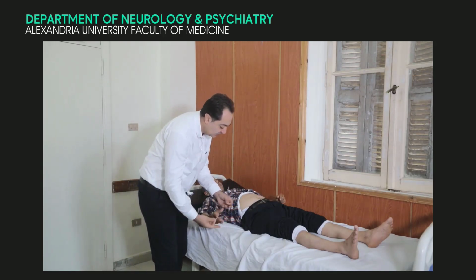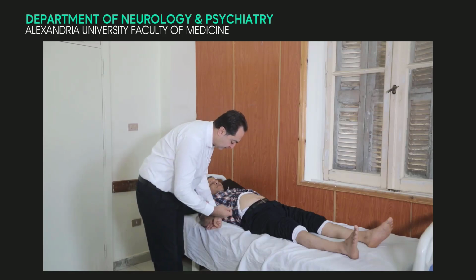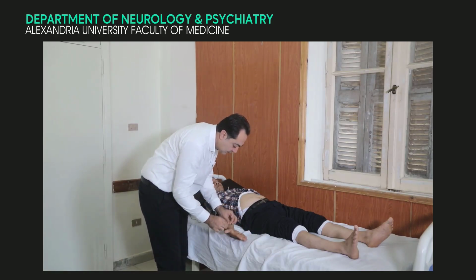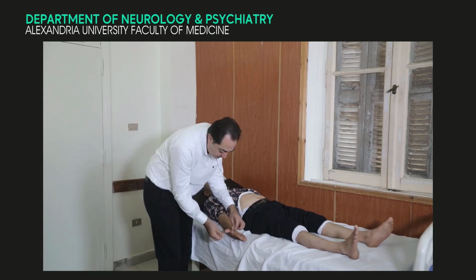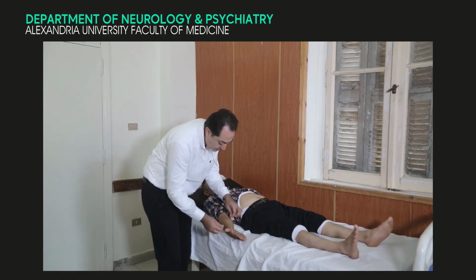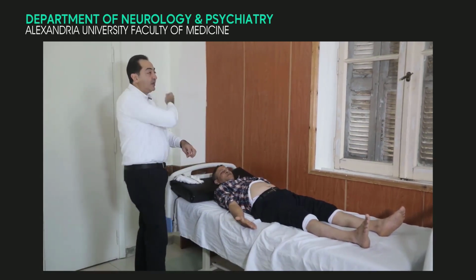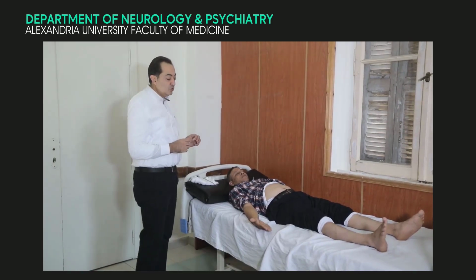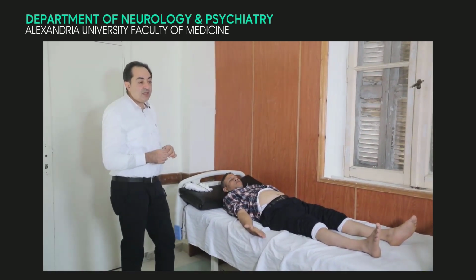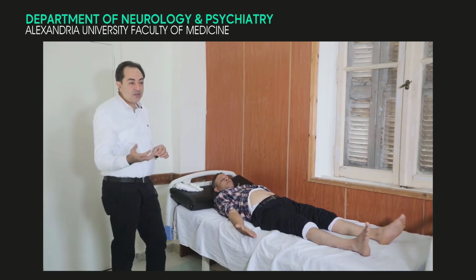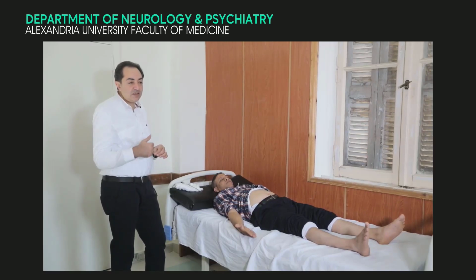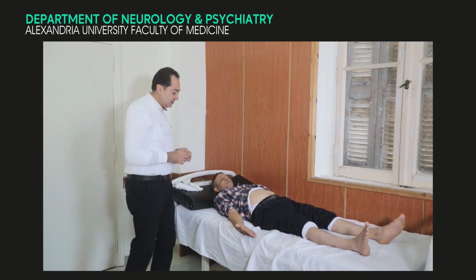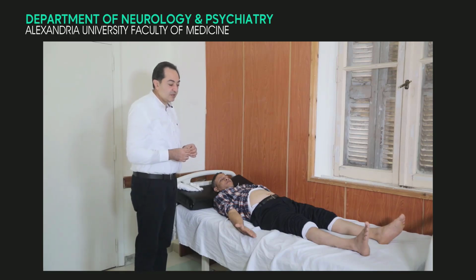But here in the hand, he can feel two pain pricks because the hand has very large areas in the cortical representation.